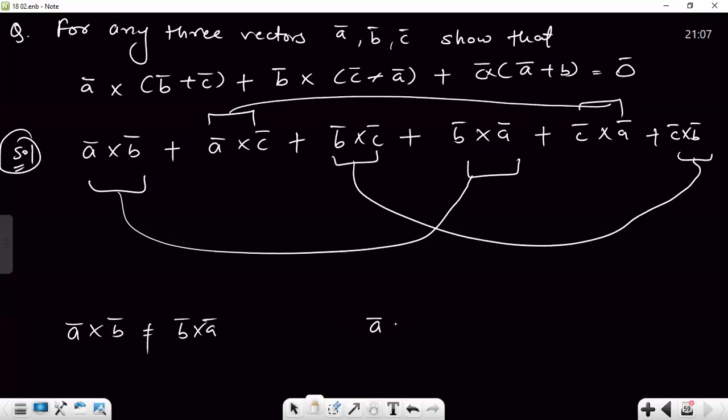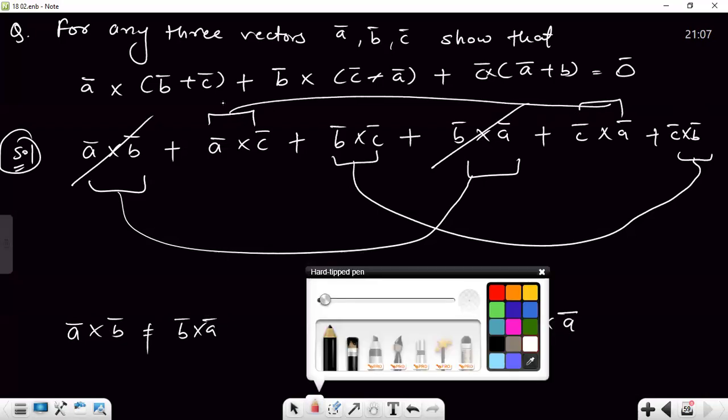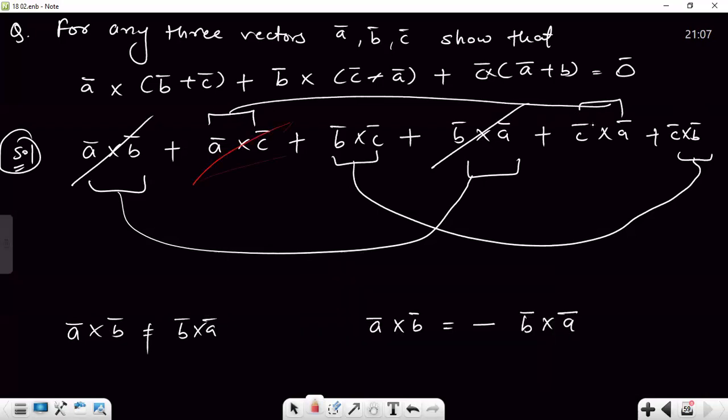But we know this, that A cross B is equal to minus of B cross A. And if that is so, this cancels this. Similarly, this cancels this. This cancels this. Right? So the result is 0. Hence proved.